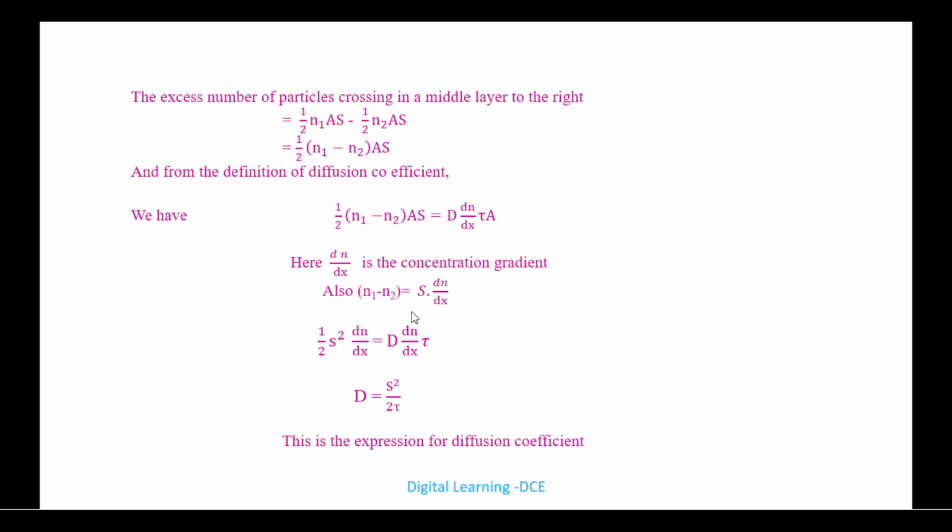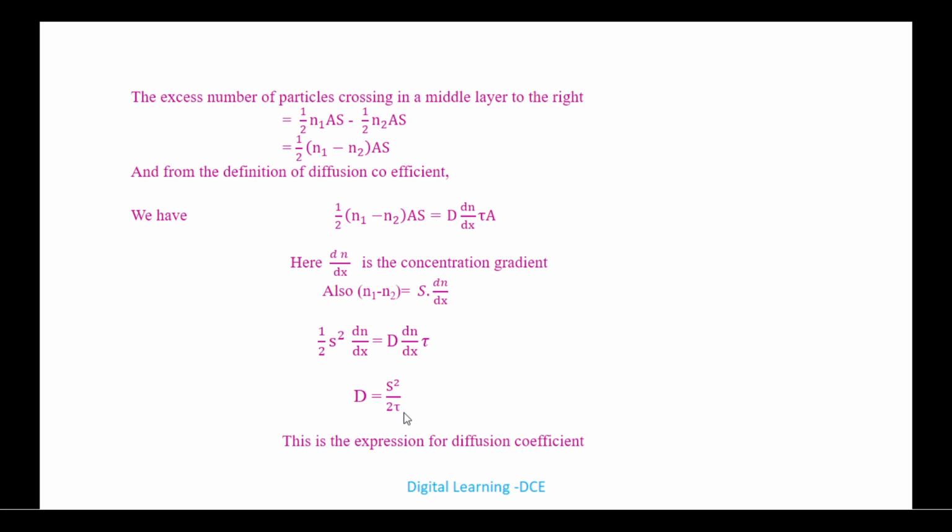Then by substituting the value of n1 and n2 in this equation, we get s square is equal to d into dn by dx into tau. Then by cancelling this term on either side, we get d is equal to s square divided by 2 tau.